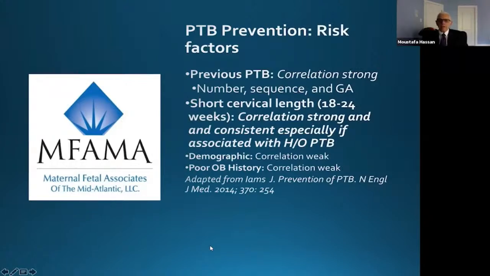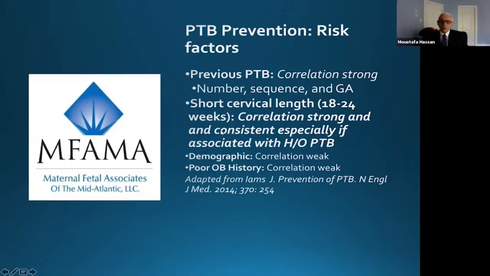Preterm birth prevention, risk factors. We said that there is historical factor, and then after that we talk about infection, bleeding, cervical, uterine, all this. So, previous preterm births, the correlation is strong. Number, sequence, and gestational age when it happened. Cervical length, when it is short cervix, especially between 18 and 24 weeks, is a very strong and consistent correlation, especially if associated with history of preterm birth.